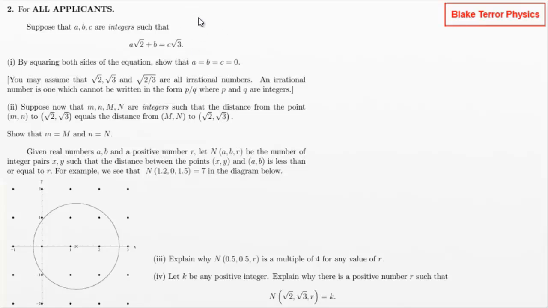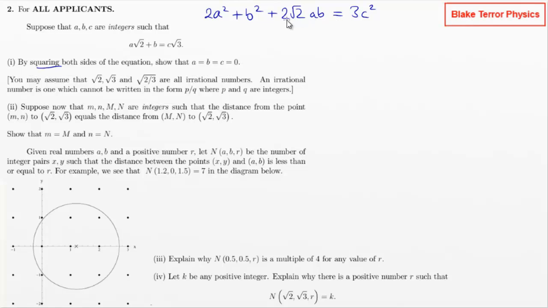Okay, well, I'm not too sure how that's going to work out, but they've told us how to start. Square both sides, so let's square both sides. So 2a squared plus b squared plus 2 root 2 times ab is going to be equal to 3c squared.